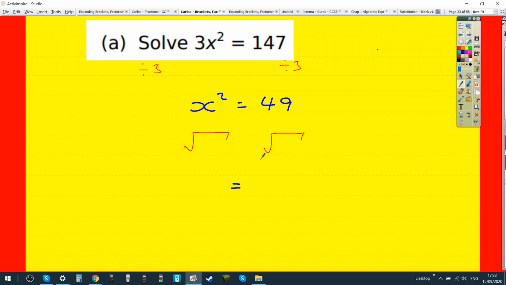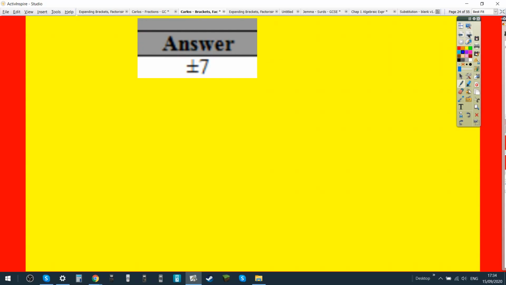So then you do the square root of 49. What is that? That is 7. Well done. Believe it or not, there's another possible answer, which is -7. Plus or minus 7, because -7 squared also gives you 49. Okay. That's great. Plus or minus 7.